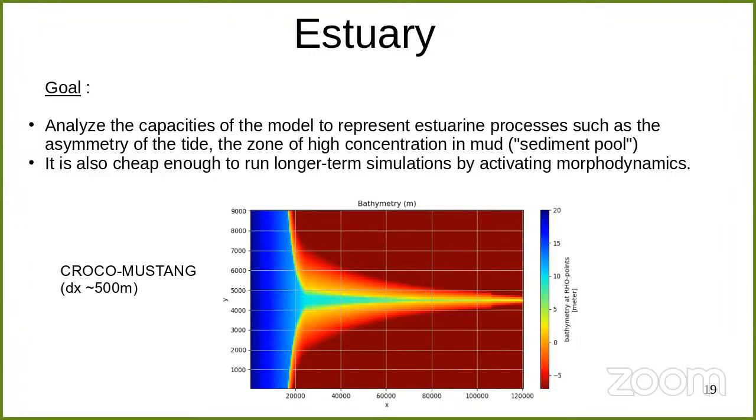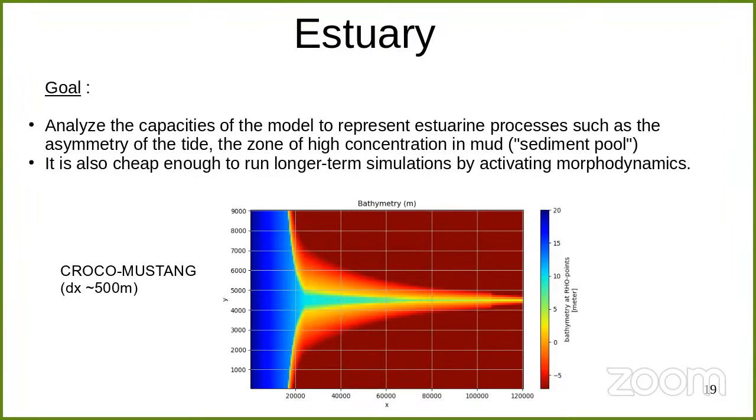So in this case, I put the Mustang model result. So the main idea is to see the capacity of the model to represent estuarine processes, sediment pool, and we see that we have a convergence of sediment at the middle of the domain.